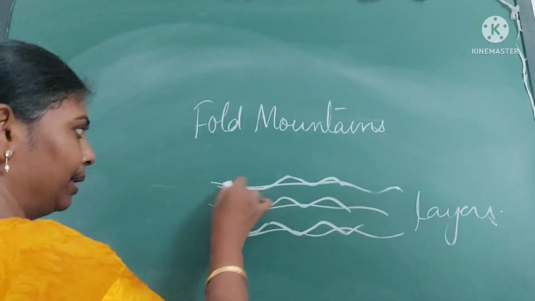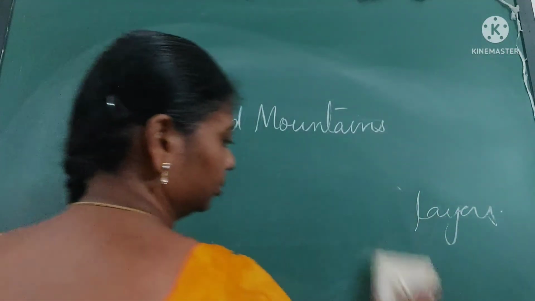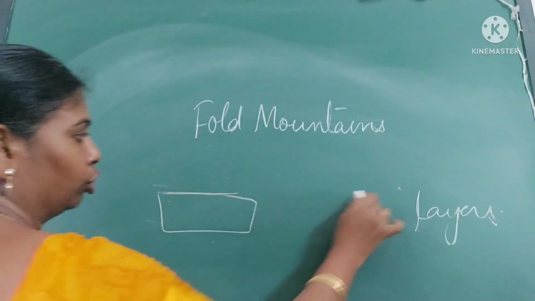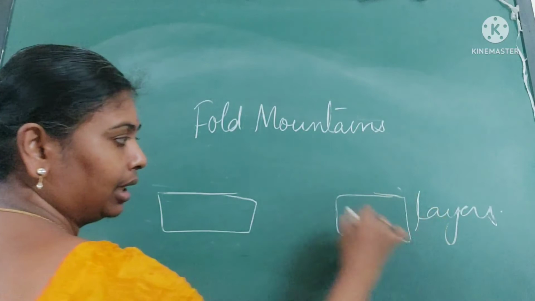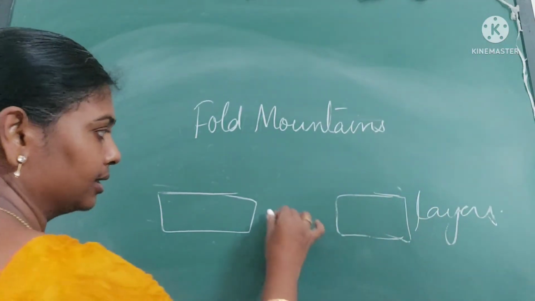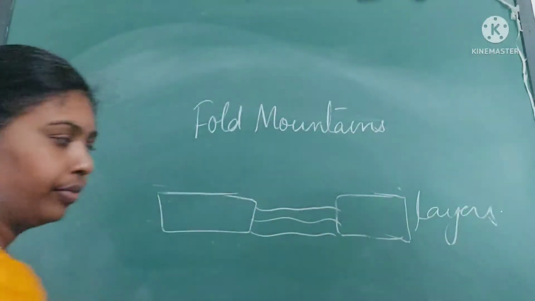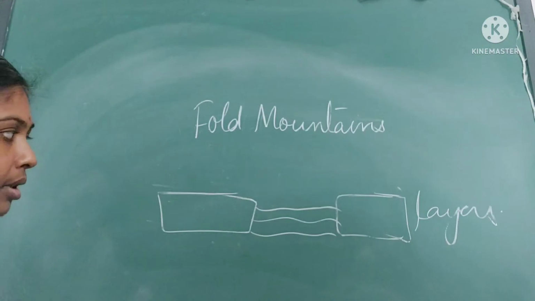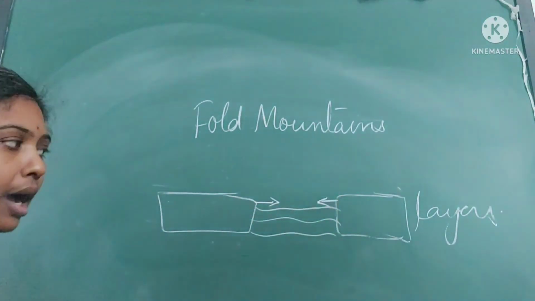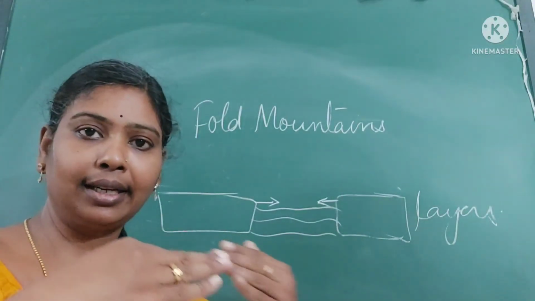See, for example, imagine two plates inside the earth, plate tectonics, and here the rock strata is there. These plates keep on moving constantly.